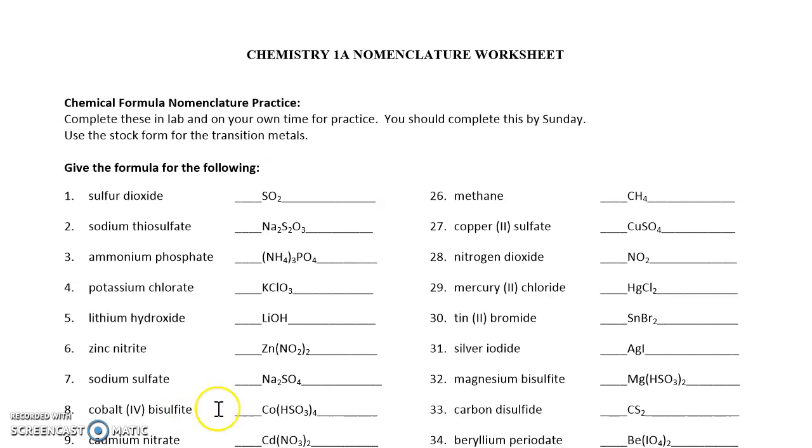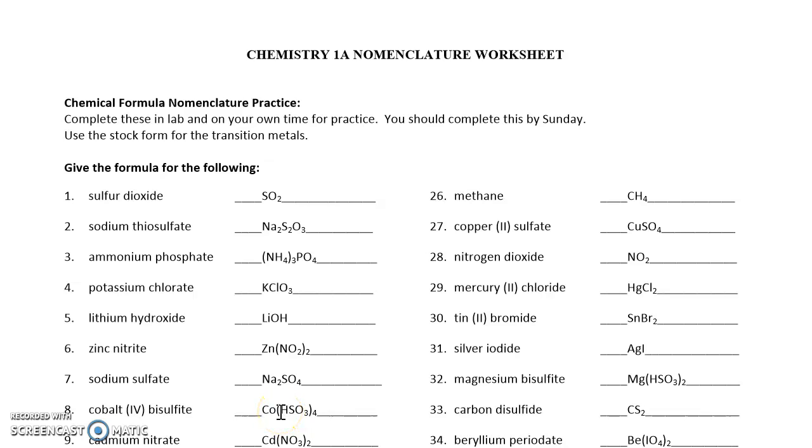You can do this with polyatomic ions too. So here in number 8 we have cobalt 4 bisulfate. Remember, you could also call it cobalt 4 hydrogen sulfate. Personally, I prefer hydrogen sulfate because it's just more logical, but bisulfate is also used and would be acceptable. We know that sulfite is -2. Hydrogen sulfite, therefore, is -1 because we've added an H+.